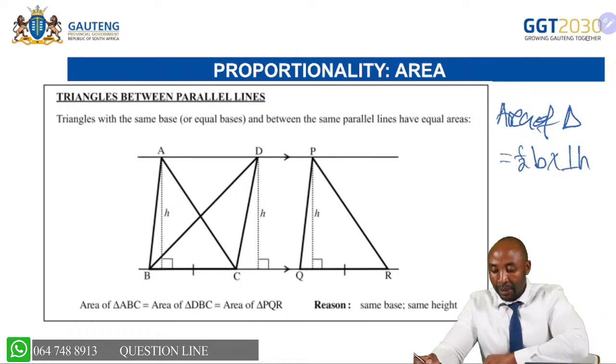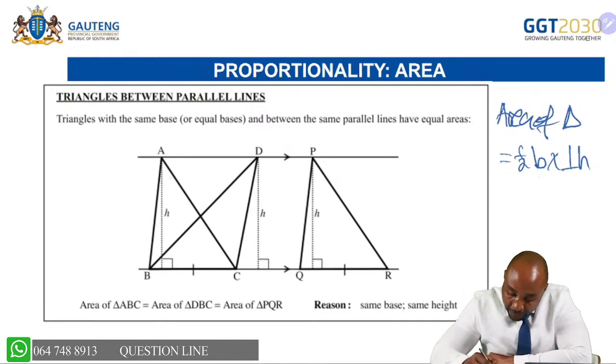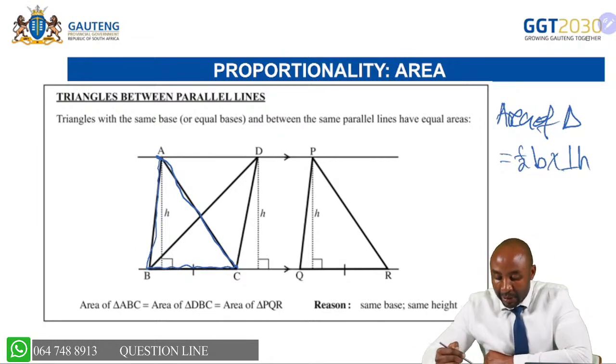We all know this one. But sometimes you will find out that the perpendicular height can be constructed inside the triangle. For example, if you are looking at triangle ABC, the height is constructed inside triangle ABC.